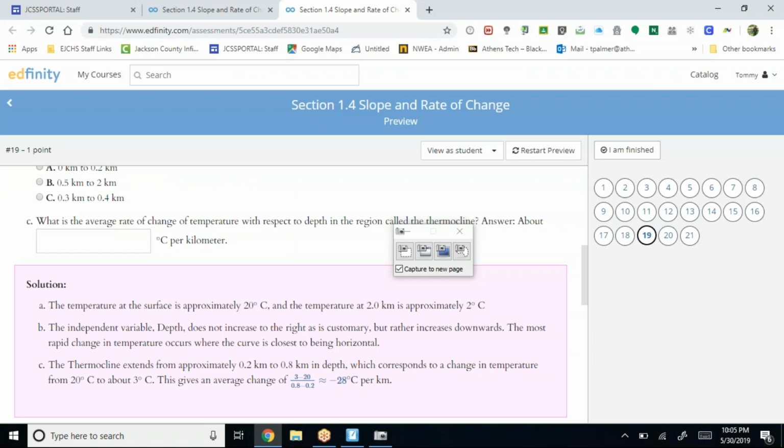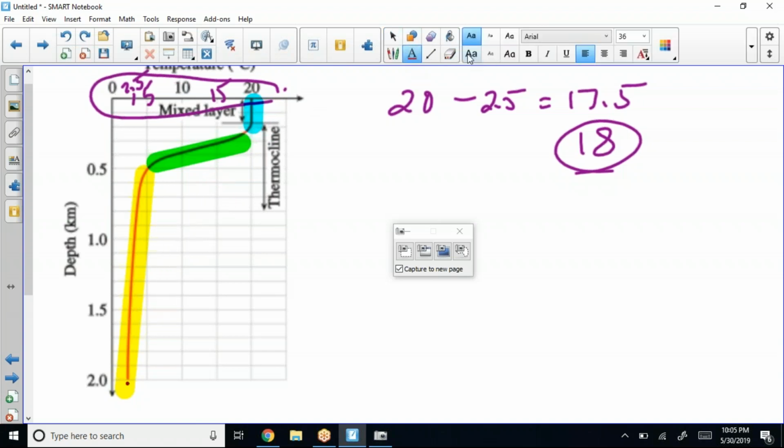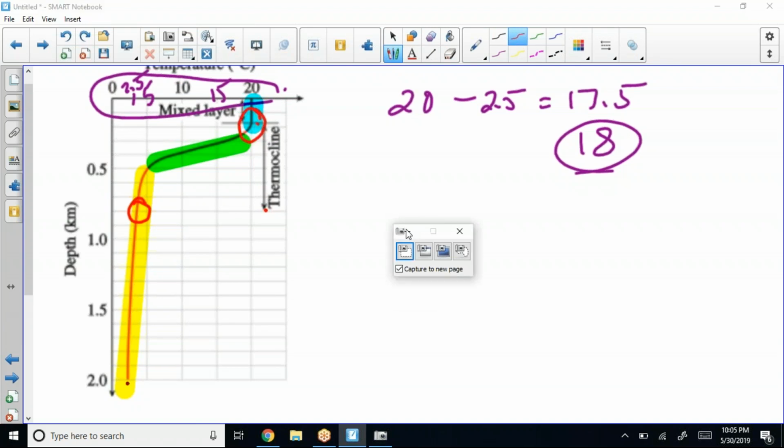And then what is the average rate of change with respect to depth in the region called the thermocline? Okay, so I guess we're going to straight line this. All right. So it'd be from here to there. So we'd want that point as well as that point, right?